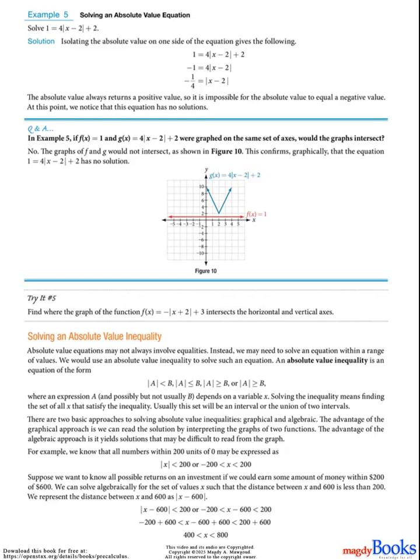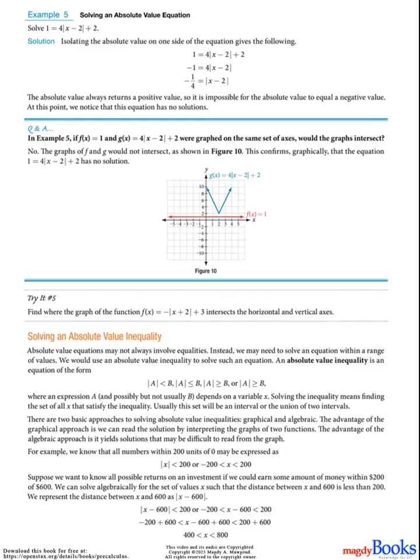Negative 1 equals 4 times the absolute value of x minus 2. Negative 1 over 4 equals the absolute value of x minus 2. The absolute value always returns a positive value, so it is impossible for the absolute value to equal a negative value. At this point, we notice that this equation has no solutions.